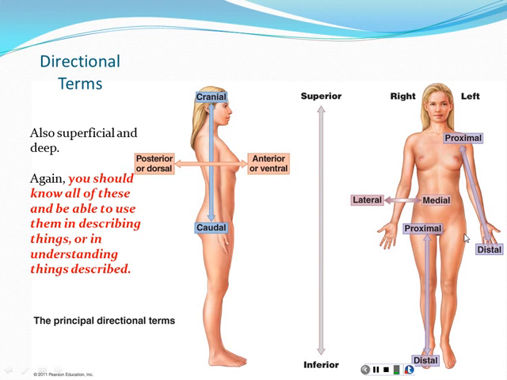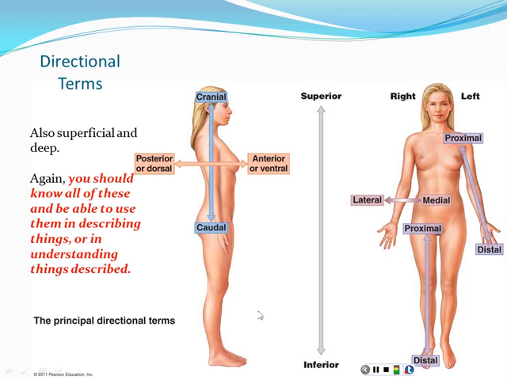Proximal means closer to the middle, closer to the trunk, closer to the center. And when you think of the center of the body, think chest, like where the heart is, because that's kind of how the old anatomists thought. So proximal is towards the middle. Distal is towards the end. So, the end of your middle finger is the most distal part of your arm because it's furthest away from your middle in the center.